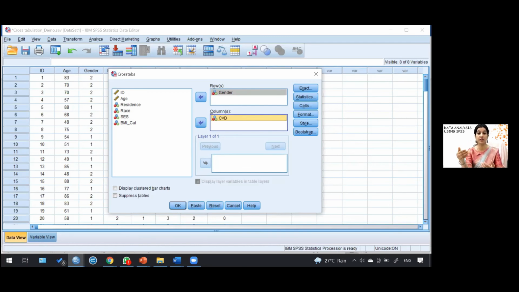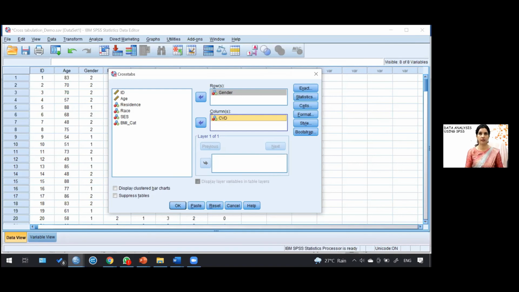That's why here the dependent variable is the cardiovascular disease status and the independent variable is the gender. So that's why I have transferred the gender into the row and the presence or absence of cardiovascular disease into the column, because generally all the dependent variables are transferred in the column.